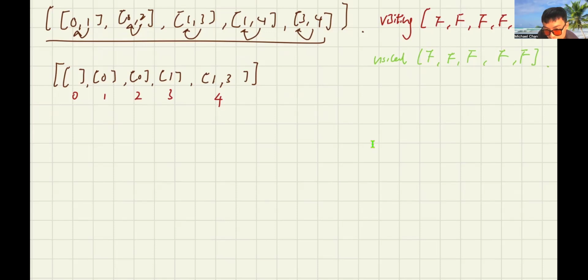Let's go to here first to understand what really is going on. So it's false, and then I'm passing this through: DFS, adjacency, visiting, visited, i.